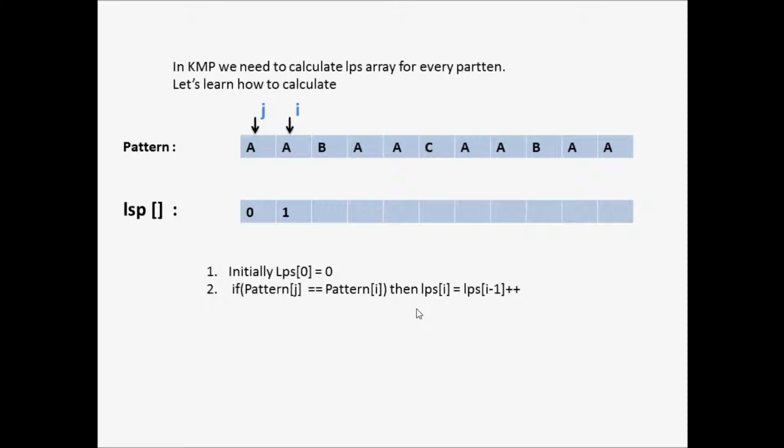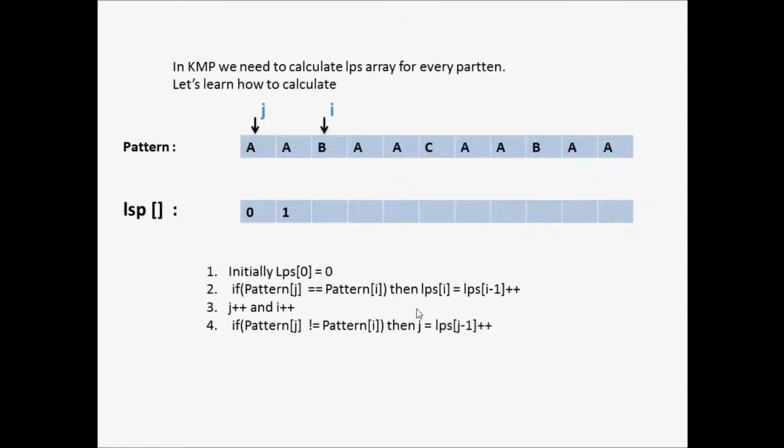Now we will do j plus plus and i plus plus. Once a match happens, we do j plus plus and i plus plus. Now pattern of j is not equal to pattern of i, so j equals LPS of j minus 1, the previous index of LPS, which equals 0.